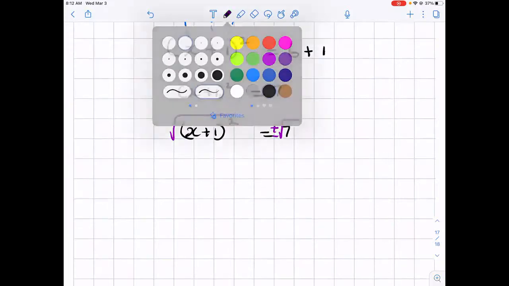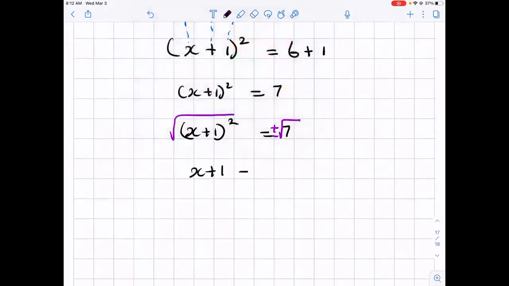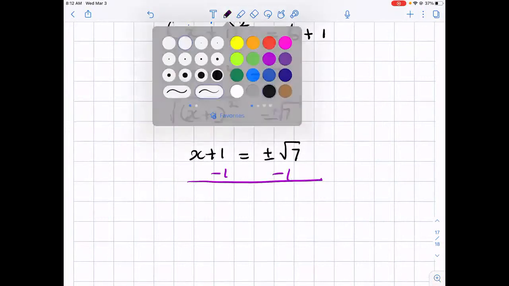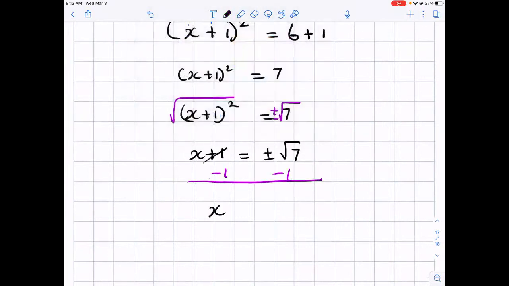So now we have x plus 1 is equal to plus or minus the square root of 7. Okay? And then finally, we subtract 1 on both sides. And by doing this, the plus 1 and the minus 1 cancel, and we have x equals minus 1 plus or minus the square root of 7. Yeah?